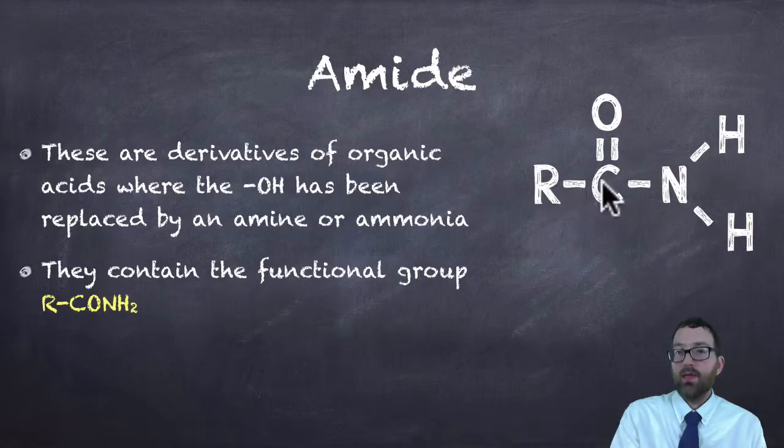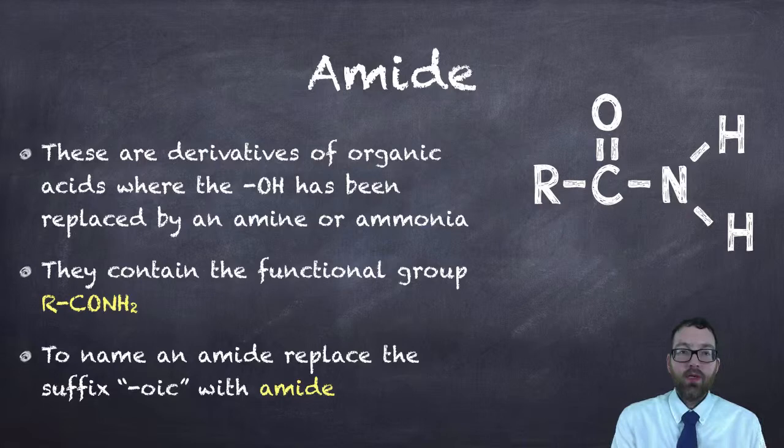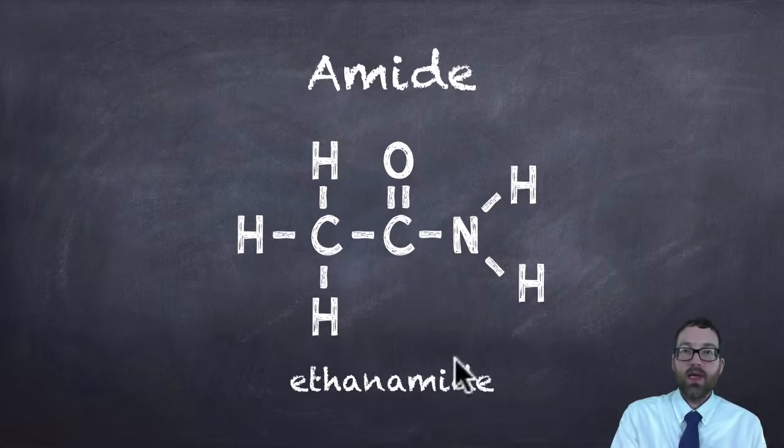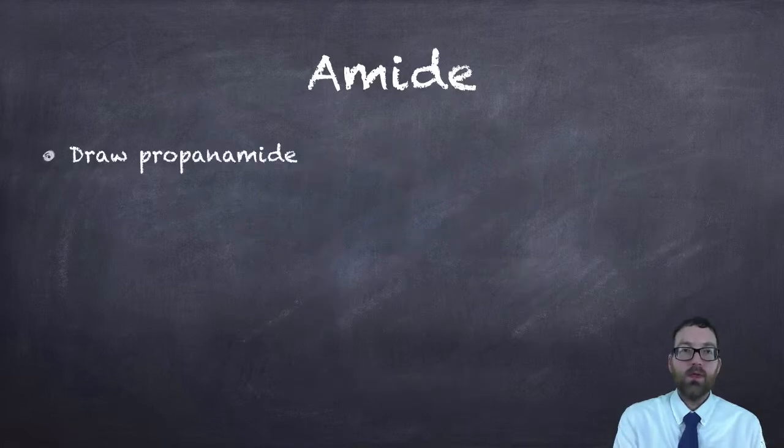This is where you'd have the C double bond O and then usually OH, but we've replaced the OH with an amine. So to name an amide, you replace the suffix oic with amide. So this would have the prefix eth for 2 carbon atoms, and then you just add the word amide. So this is ethanamide.